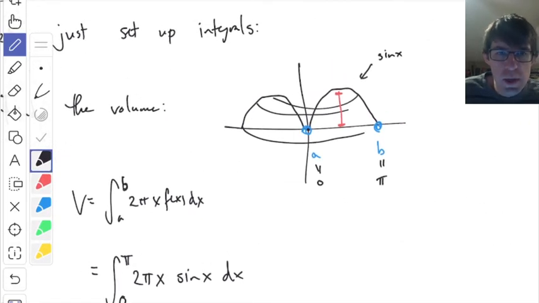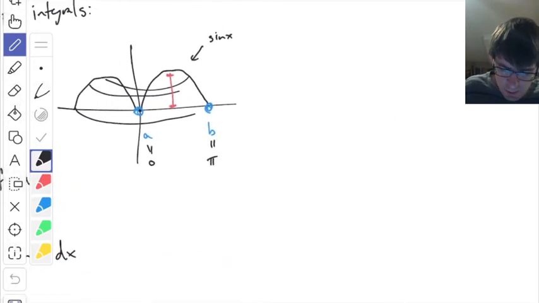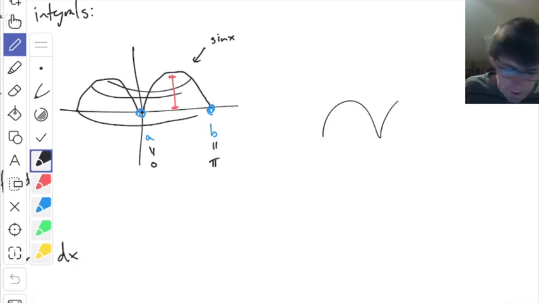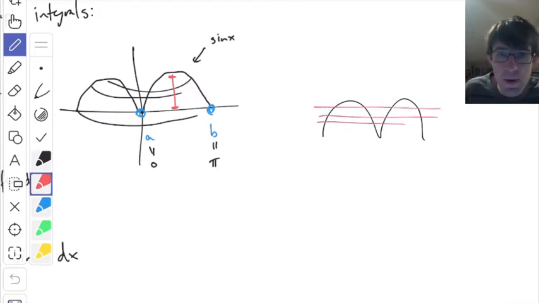And it's not immediately obvious why it would be harder, but if you think about it, this shape looks like this, right? If I wanted to do the washers instead of the shells, the strategy would be to slice it up this way, right? The problem here is the outer radius and the inner radius would be difficult to determine as a function, right?